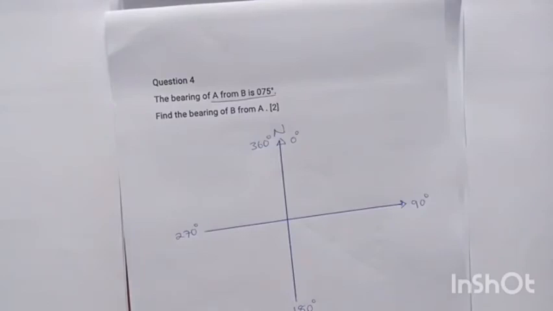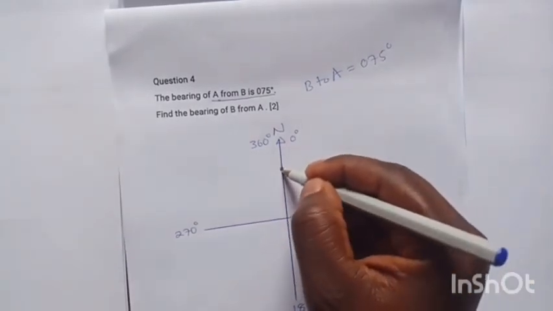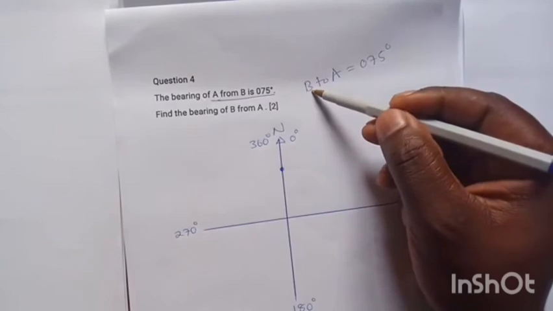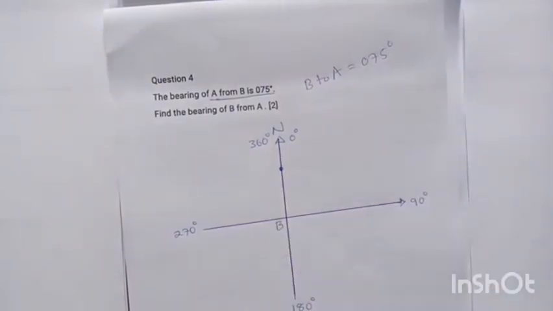And remember, you need to understand that A from B is as good as B to A, where B to A is representing 075 degrees. The angle from B to A is measured from the North Pole. So B is my initial point, which is placed at the center of the compass.